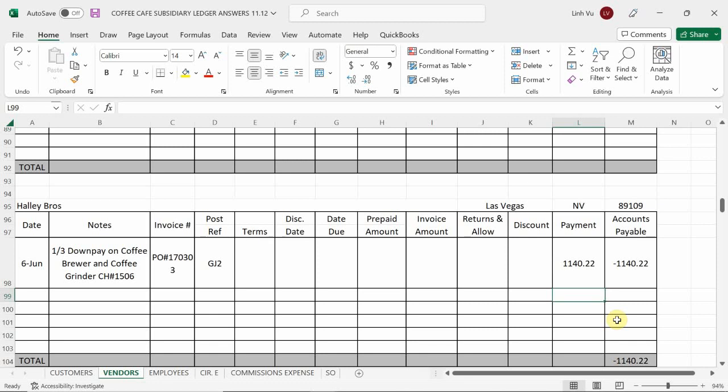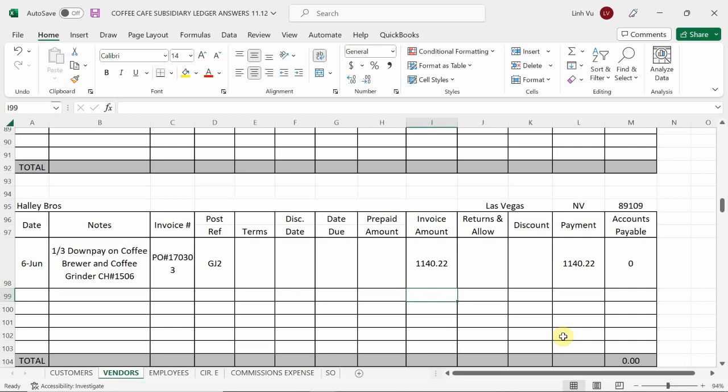So basically this purchase order told you that you had to pay $1140.22. And because you did make the payment with check 1506, now the statement is true, because the purchase order told you that you owed this amount and you made a payment.